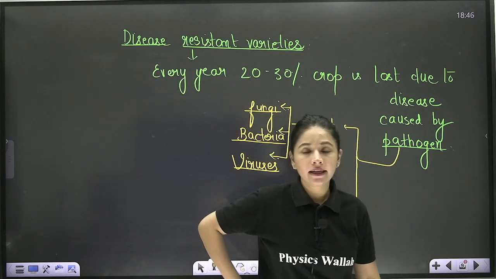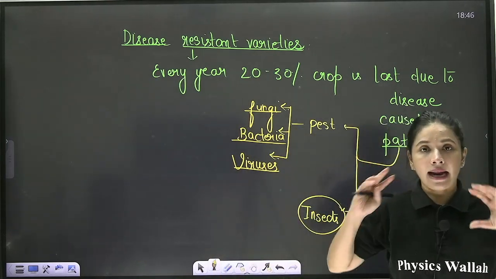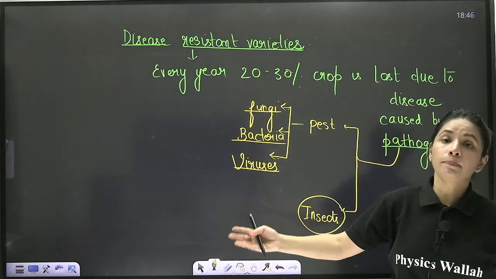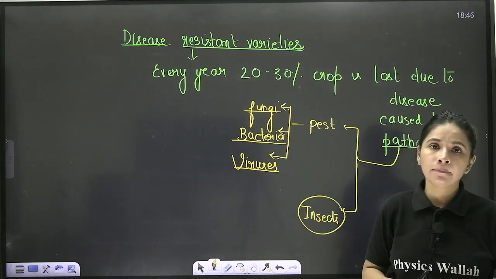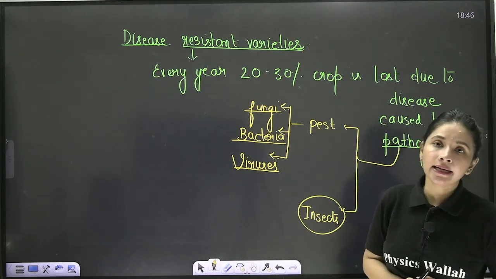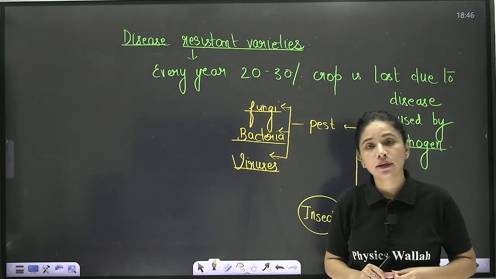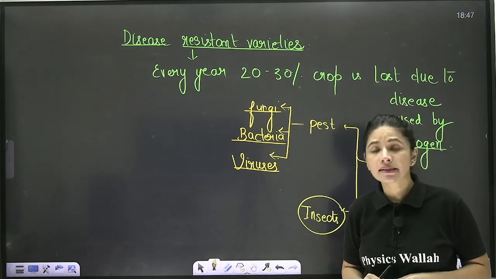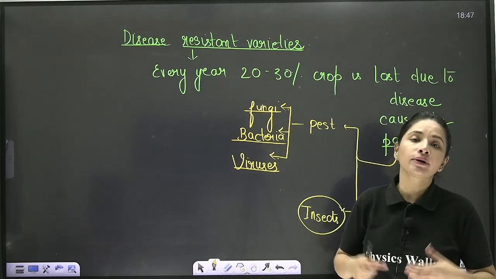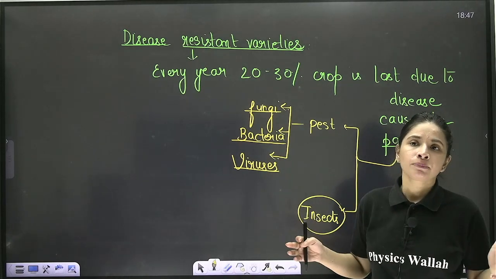So basically, thinking of this and giving more importance to the health of the people, with the help of plant breeding technology, we have tried to develop disease-resistant varieties of different plants and different crops.